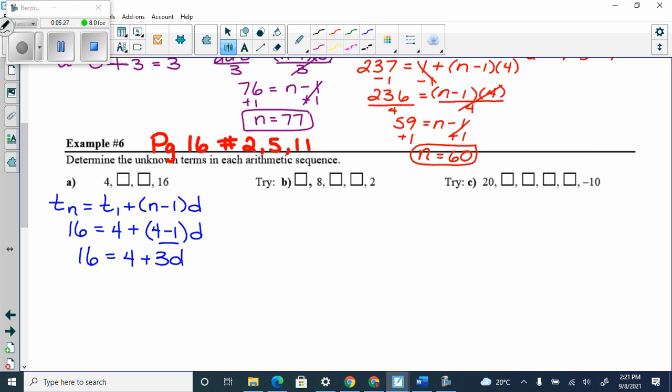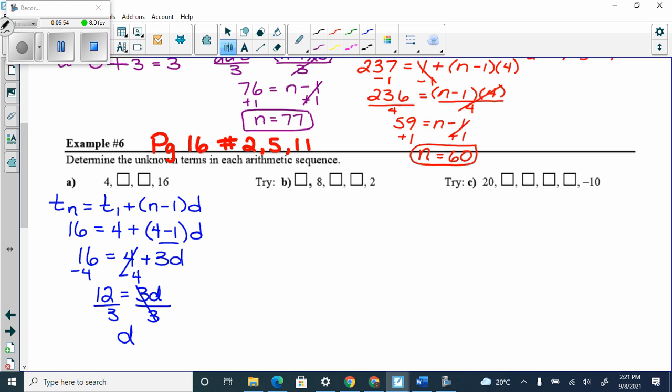Now I need to solve for D. What's the very first thing I need to move? The 4, the addition or subtraction, right? I can't move this 3 off the D. That has to always be my last step. So I have an addition of 4. I'm going to subtract 4. So I'm going to get 12 equals 3D. Then divide by 3.